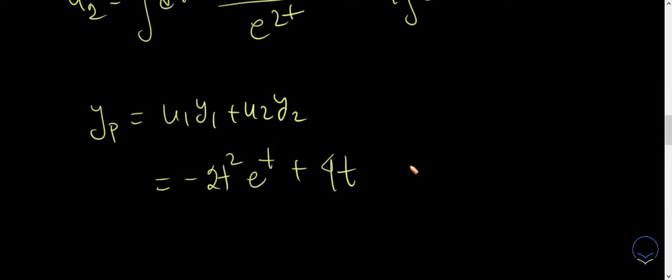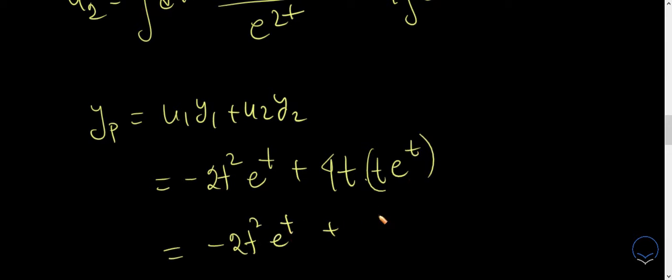So let's write 4t, and y2 was t times e to the power t. So this will be minus 2t squared e^t plus 4t squared e^t, and this is just 2t squared e to the power t.